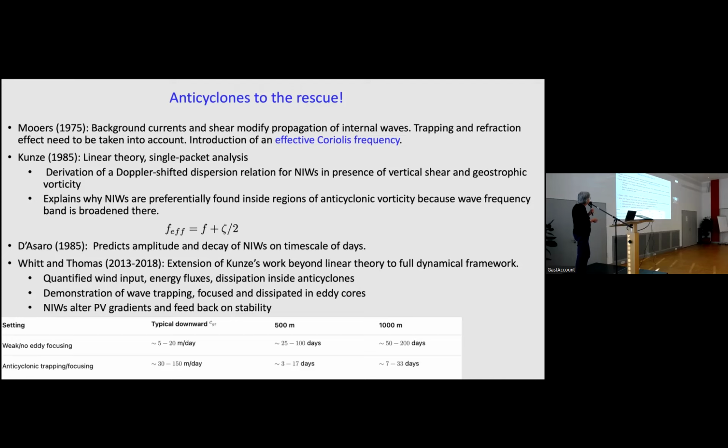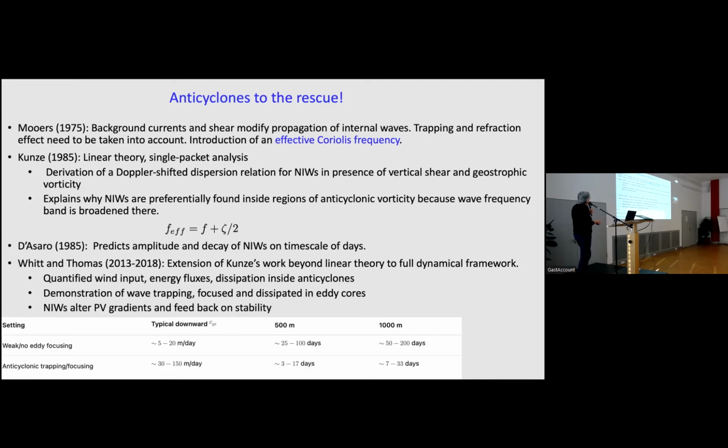Eric D'Asaro predicted the amplitude and decay of near-inertial waves and found that in storms, these near-inertial waves actually decay on timescales of days in the mixed layer. And there's been lots of further theory, and I'm not going to go into it, but basically, when you have no eddies, the propagation downward is very slow.